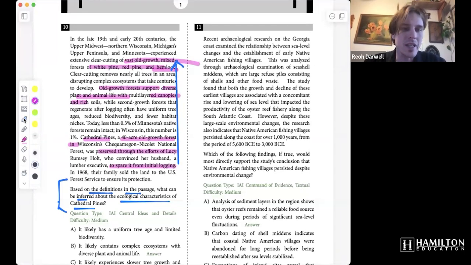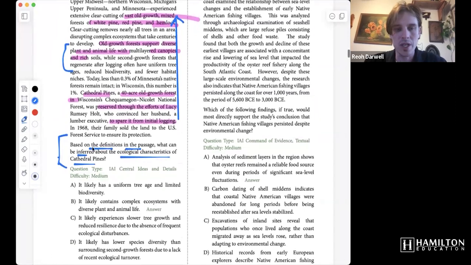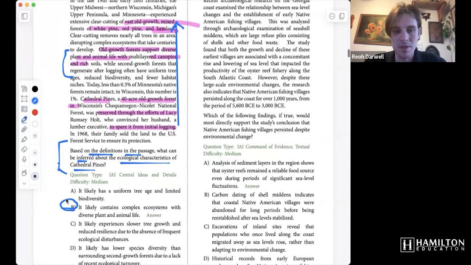So basically it's just asking us, if Cathedral Pines is an old growth forest, what kind of ecology will we see there, right? So we'll see these things. So which answer choice shows those things? B, right? Complex ecosystems, diverse plant and animal life. That's a complex ecosystem. It's all there.